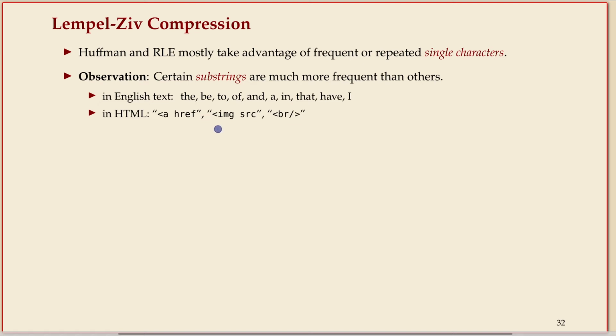Here are some examples where we have this repetition. I mentioned frequent words in English. But there are also other applications. If you have HTML websites, there are lots of tags that appear all over the place again, and these will be repetitions. There you find bigger structures that are repeated many times as well.